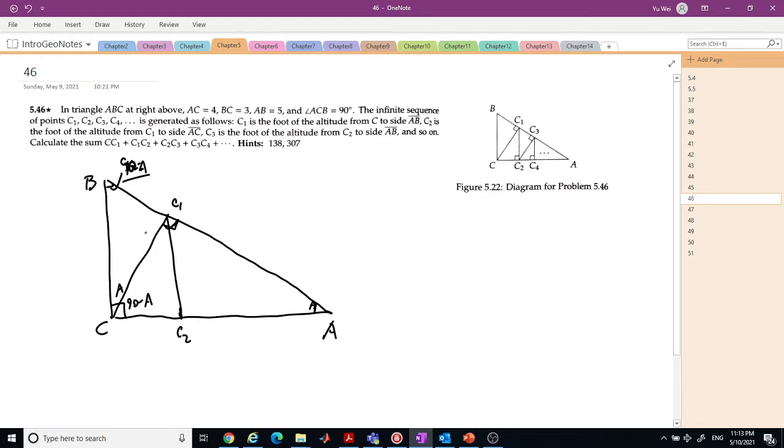So let's find some patterns. Let's check the C1C2 against the CC1. You will find some pattern. So C1C2, right? C1 is the leg opposite to the 90 minus A, and CC1 is the hypotenuse.